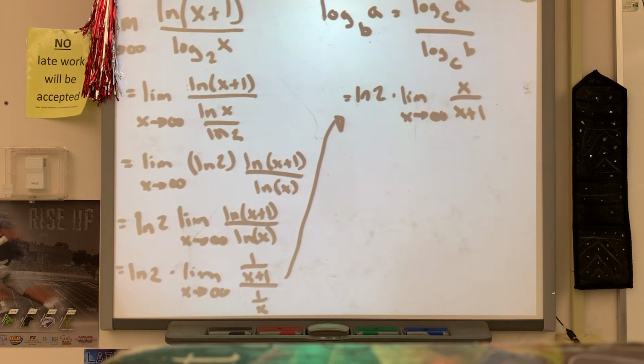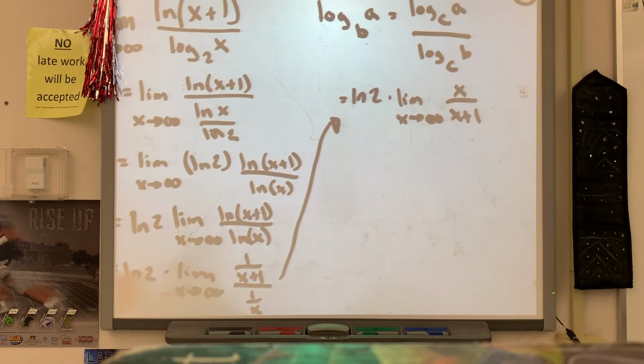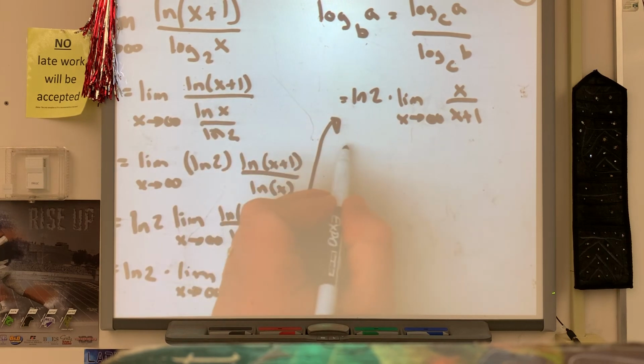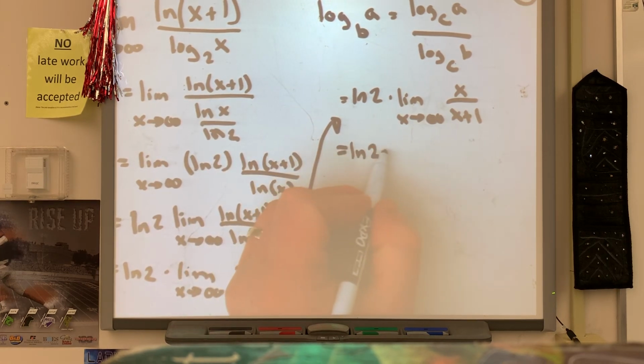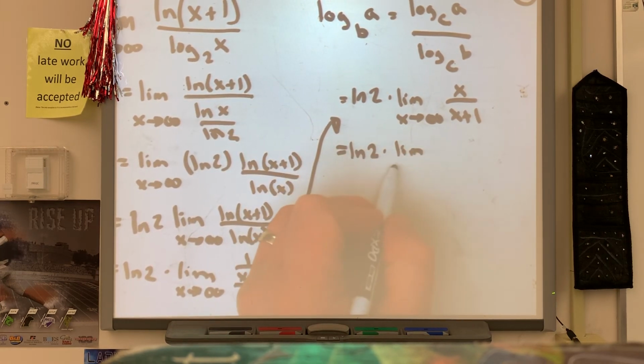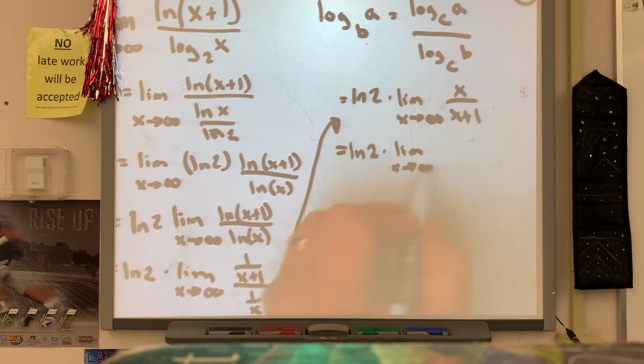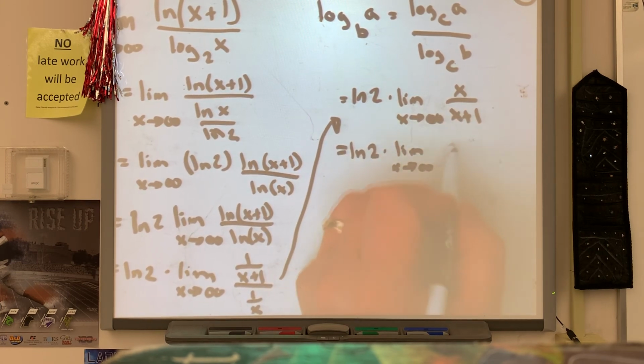Now here I run into some problems. If I plug in infinity right now, I get infinity over infinity still. So if I want, I can do L'Hopital's Rule once more. So this equals the natural log of 2 times the limit as x approaches infinity of, what's the derivative of that numerator? 1.